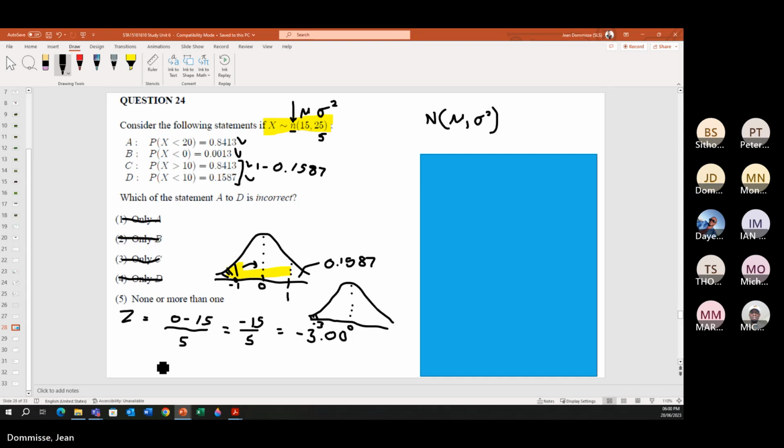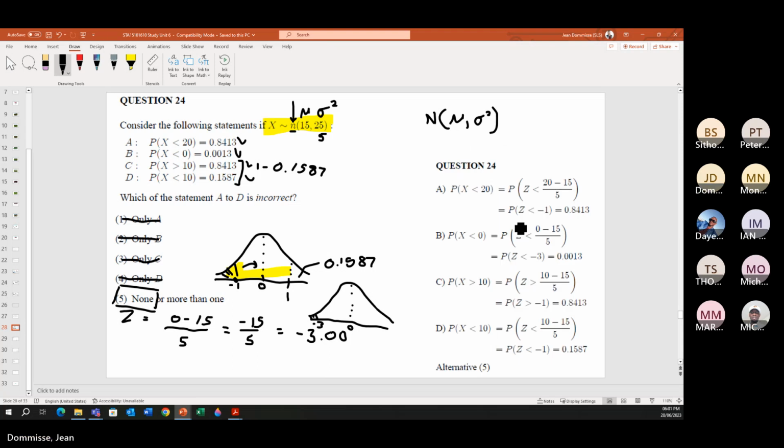So none of them is actually incorrect. Okay. And when I share it, I will also share these answers with you so that you can also look at it.